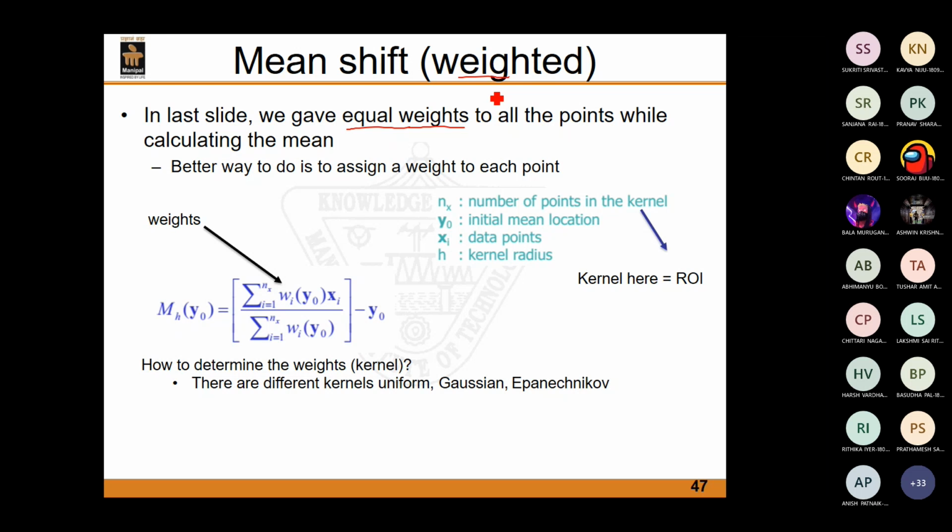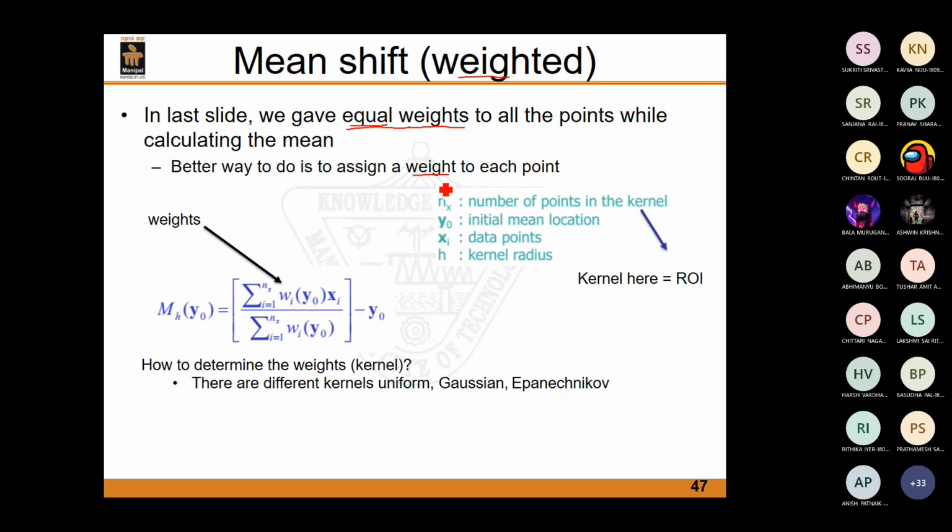In a weighted mean shift vector, instead of assigning equal weights or uniform weights, both of which mean the same, we can apply different weights to each point, to further help with movement towards the densest region and make the algorithm much more efficient.